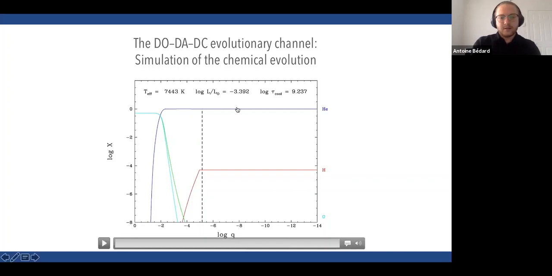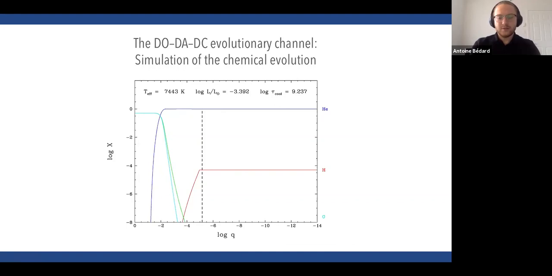The reason why the cooling age remains constant is simply that this transformation happens on an extremely short time scale. Just to give you an idea, during the mixing, the time step between two successive models is a few weeks, approximately. That's why this kind of calculation is very challenging.